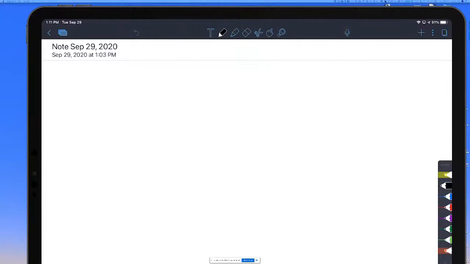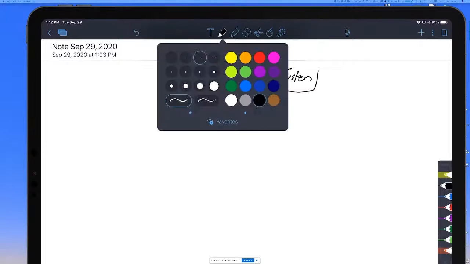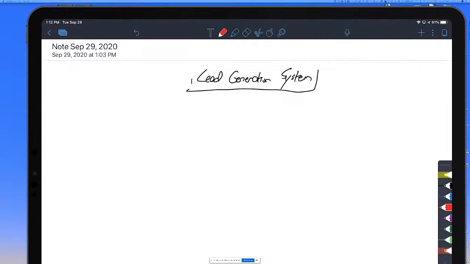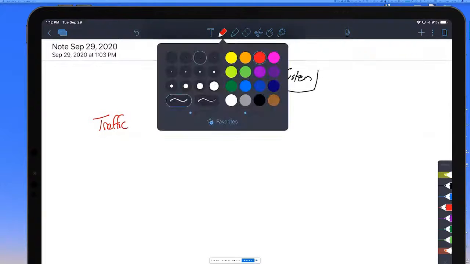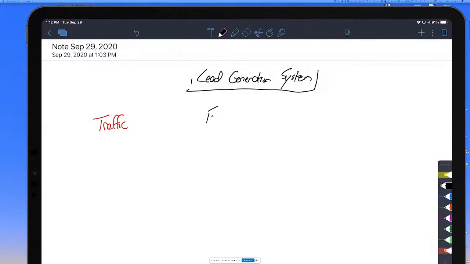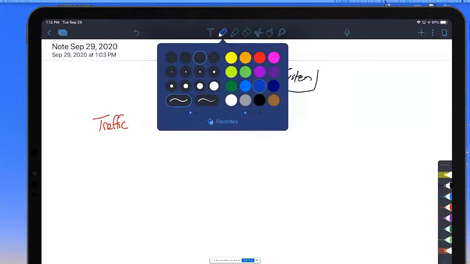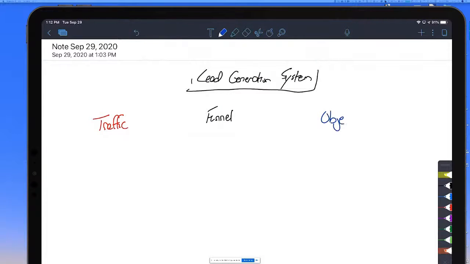So here, from a lead generation system standpoint, we have our initial traffic over here on the left, and then we have our funnel, and then we have our objective.